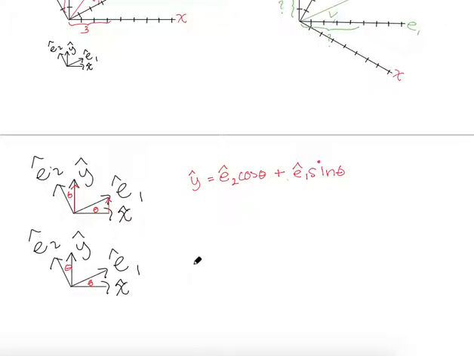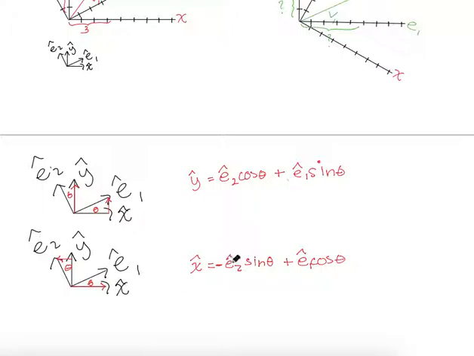So x hat here, going back like that, equals E2 sine theta. Oh, minus, going that direction, right? And this one is plus E1 hat cosine theta.